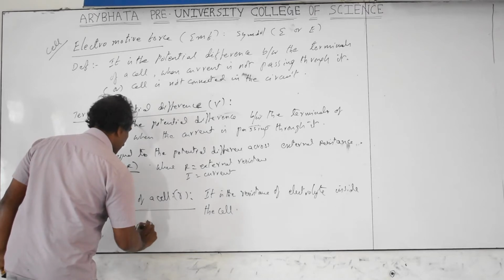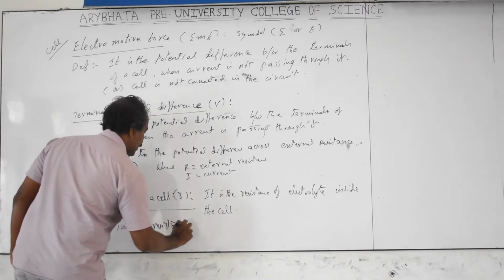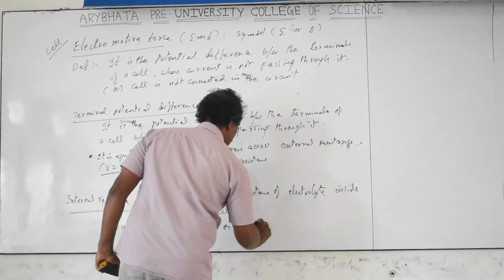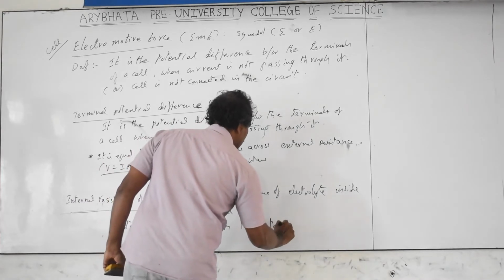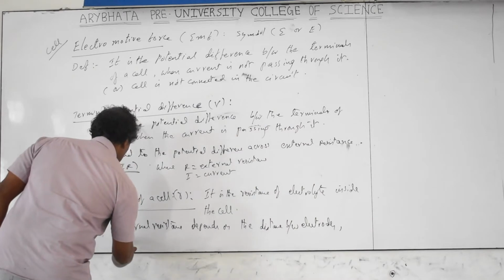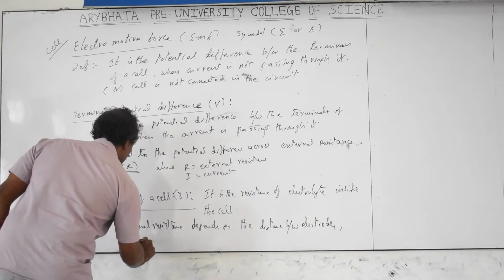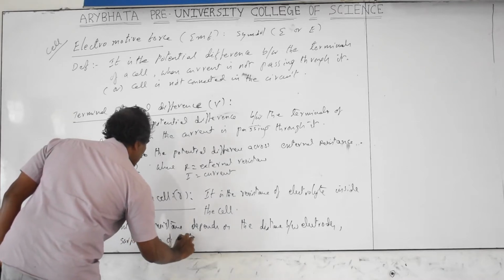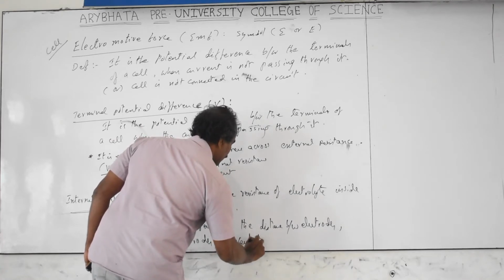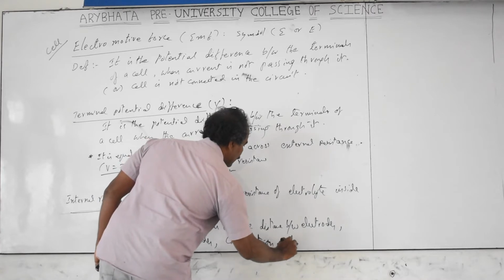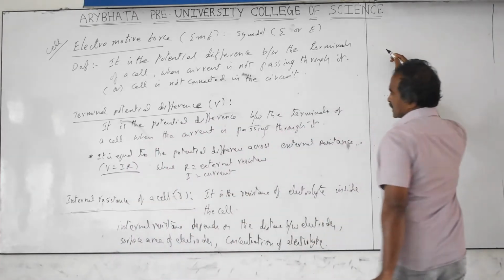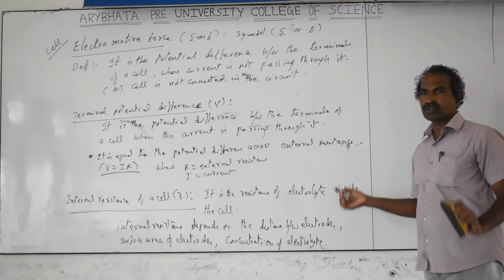Internal resistance depends on the distance between electrodes, the surface area of the electrodes, and the concentration of the electrolyte. Generally, they don't ask how it depends; we are going to use only the internal resistance in the formulas.